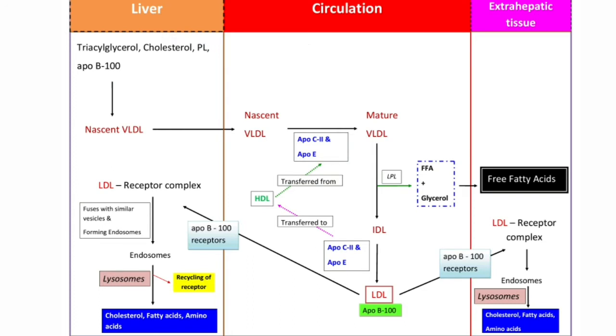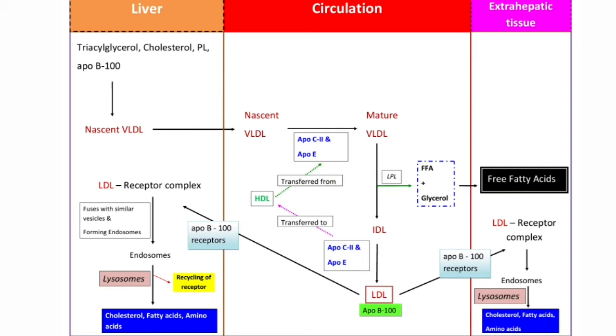This VLDL is synthesized in the liver, and that synthesis requires ApoB100 protein, which is synthesized in the rough endoplasmic reticulum, and also triacylglycerols, cholesterol, and phospholipids, which are synthesized in the smooth endoplasmic reticulum. ApoB100 is incorporated into particles with triacylglycerol, cholesterol, and phospholipids in the smooth endoplasmic reticulum.